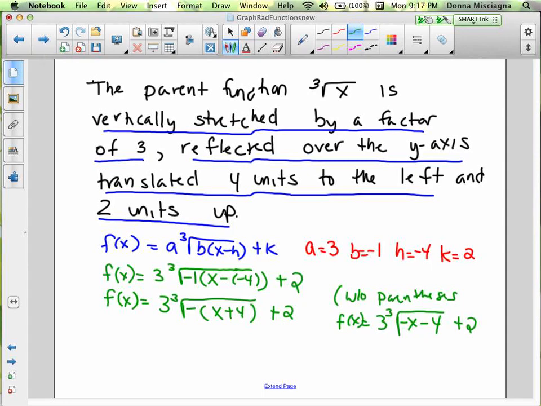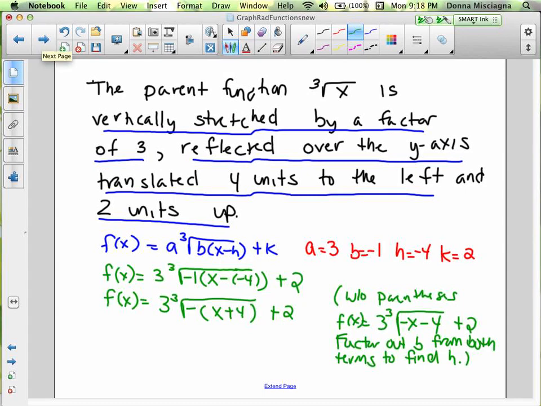But then we have to remember, if we want to find our translation, the translation's not -4. You've got to factor out b from both terms to find what h really is. But you don't have to worry about it if you just remember the parentheses.